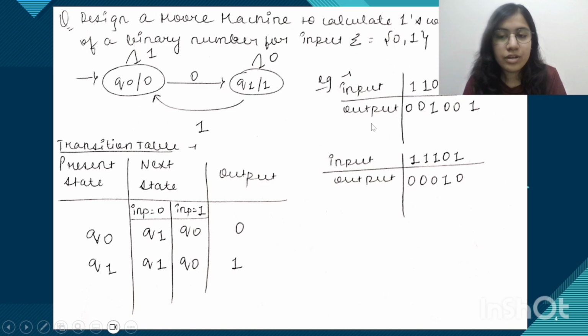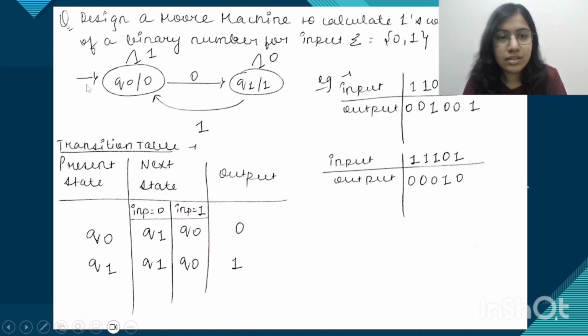First we read the string 1. For 1 it goes to the initial state only, Q0, and gives the output 0. Again 1, again 0. Then for 0 it transitions to another state Q1 and gives the output 1.